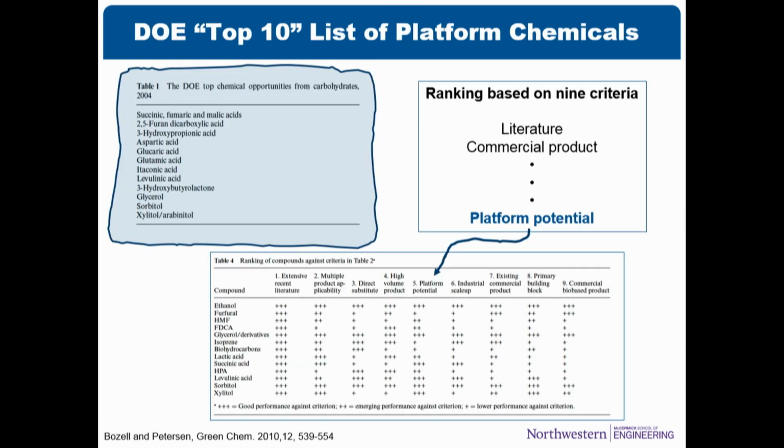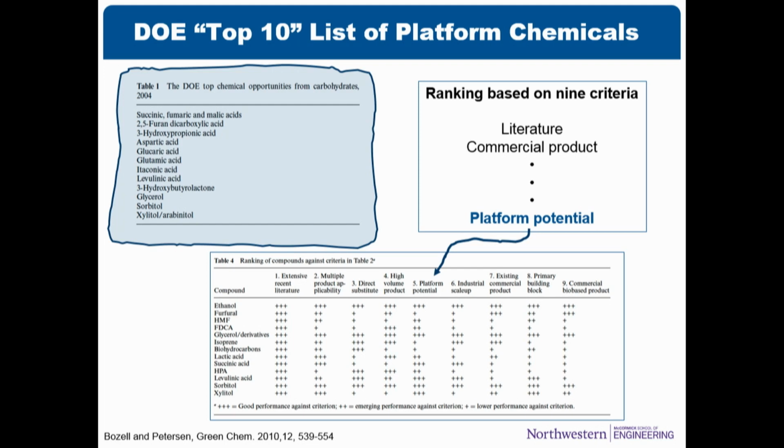And we were inspired by these surveys of top 10 or top 20 platform molecules where people had gone in and said, let's rank these molecules according to their potential to be diversified to a wide variety of different compounds. And they ranked them on a somewhat qualitative scale, plus, on a number of different categories.